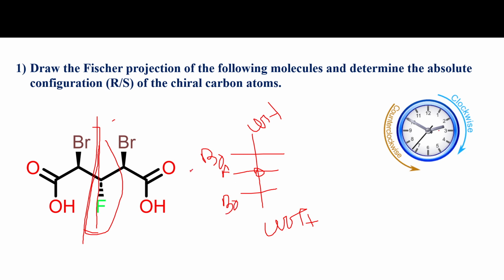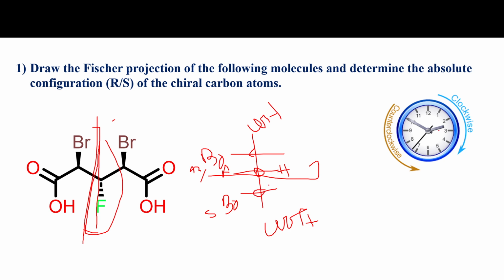If these two are R and this will be S, then there must be a sigma plane passing through here. You already know that. If you have drawn this, you have checked that the sigma plane passes through this molecule. So these are not chiral centers, but this is a center which may be chiral if something is changed at these two positions, this chiral center or this chiral center.